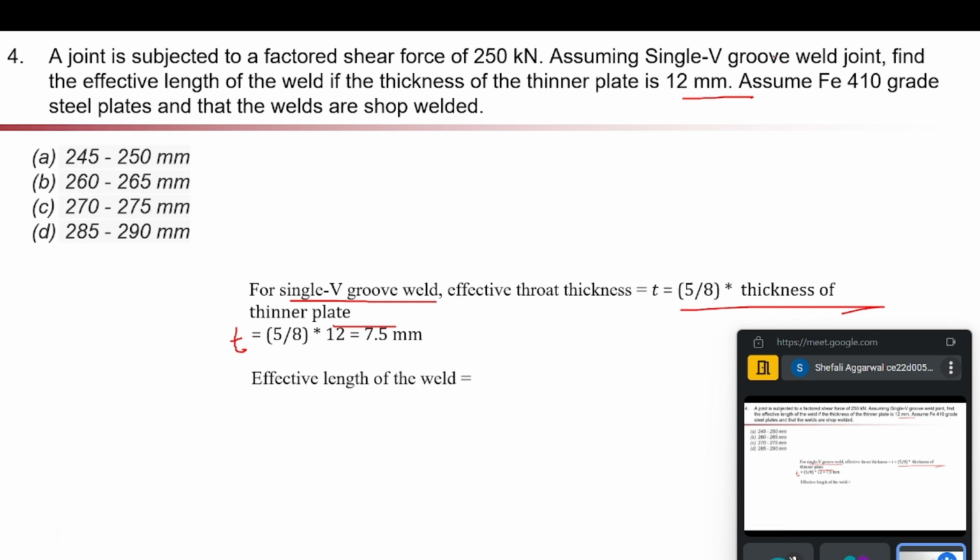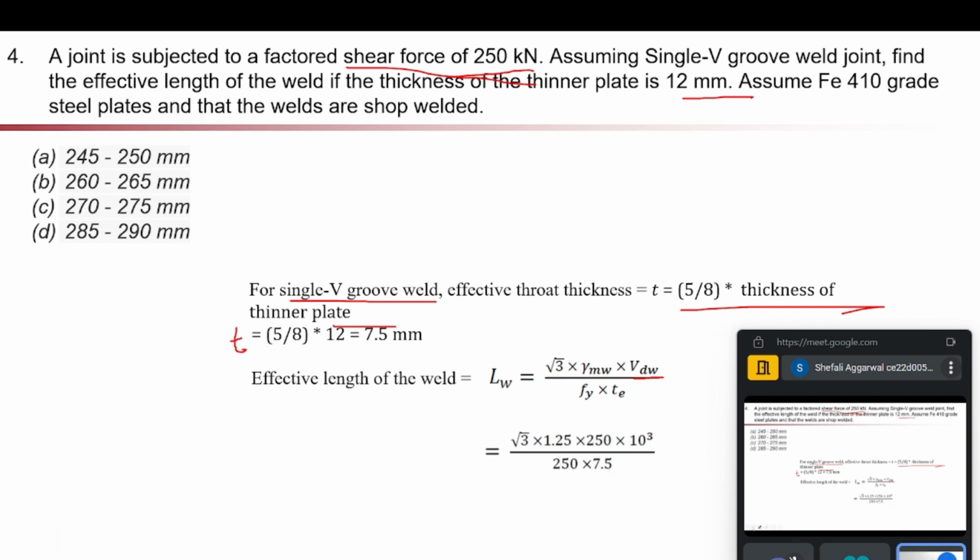Second thing is we will calculate the effective length of the weld. How are we calculating it? This is the formula. You remember the V_dw formula we are seeing: Lw into fy into Te divided by root 3 gamma mw. V is already given to us, shear force 250 kilonewton. From there we will calculate the effective length of weld.